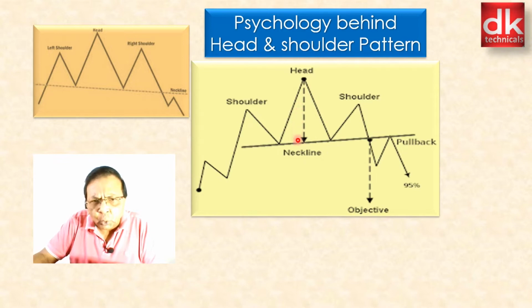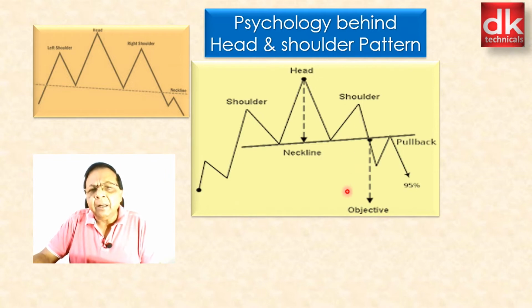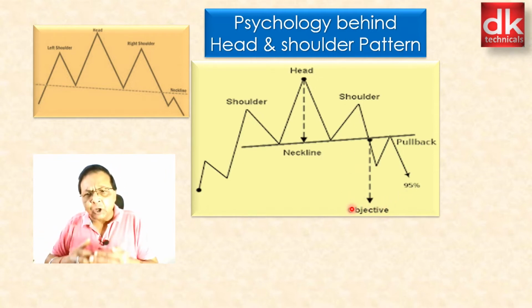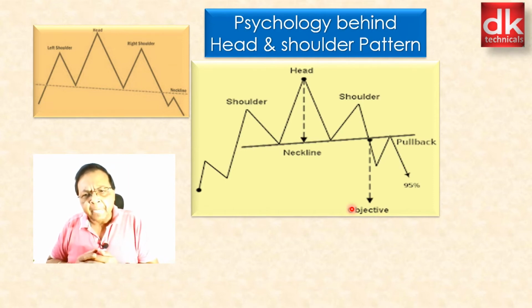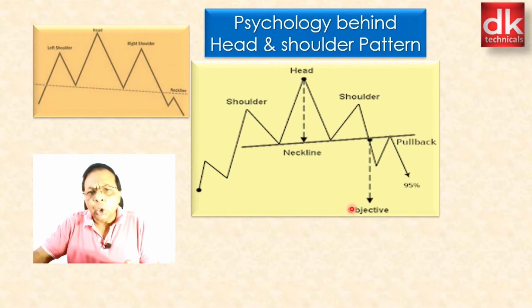Here this is shown by the dotted line, and for example this is the value of H. From the point of breakdown of the neckline we project down, so the market is likely to achieve this, but this is the minimum expected objective or target, because this formation is indicative of a reversal in the trend, which means the market is likely to make lower highs and lower lows kind of formation.